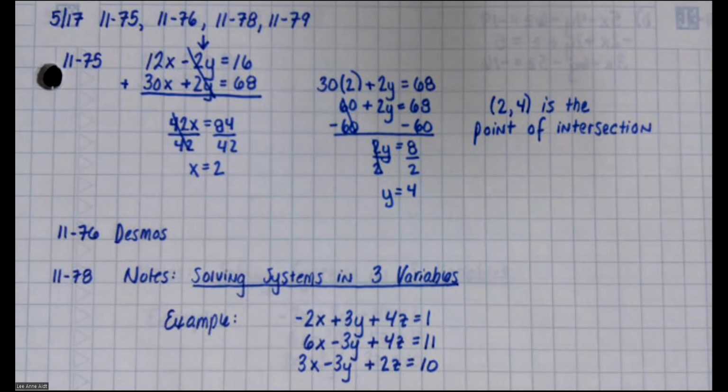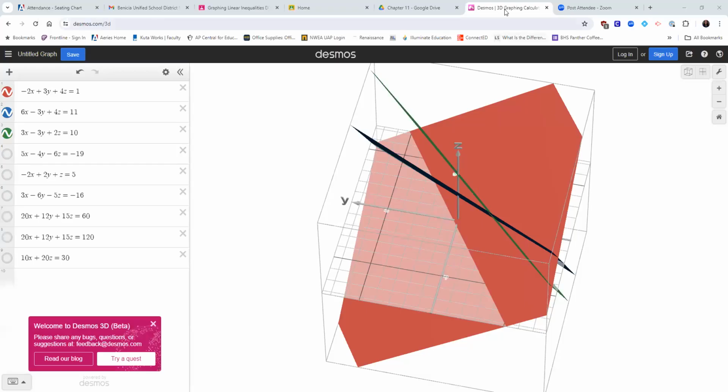Okay, now for 76, what I did was I typed this problem for 78 into Desmos. And I actually typed a lot of things into Desmos, but I'm just going to show you this particular system of three planes. So all you're going to do in this problem is look at Desmos, which is great.